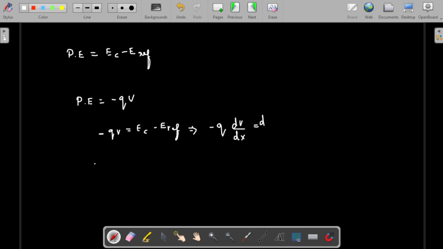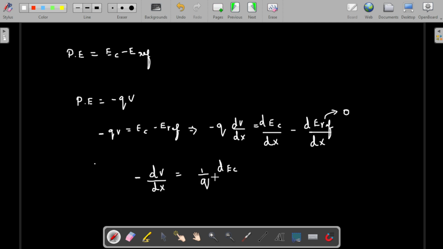If we differentiate the entire equation, then the derivative of E reference with respect to dx will go to 0, because the reference value is stable and not changing. If we divide by Q, then dV by dx, the voltage applied along the distance, is directly proportional to the energy level change.